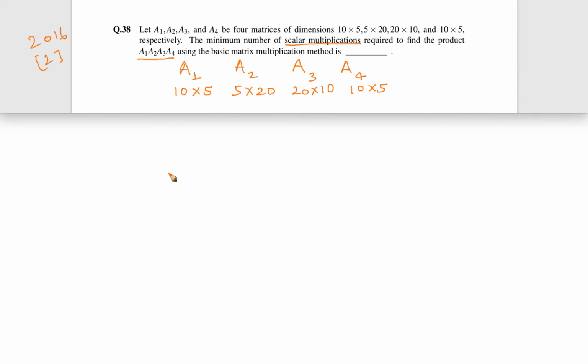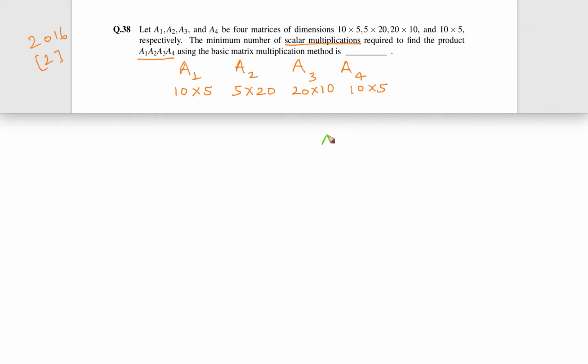We generally solve this using dynamic programming, where we have a subproblem, and based on that subproblem we try to find a bigger problem. We try to find the number of scalar multiplications for the bigger problems.